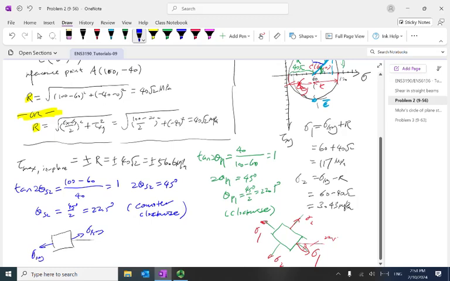And then the direction will be, this one will come to here. Sigma average. So that's 22.5 degrees. So from here, I can draw this kind of figure so easily to work out.